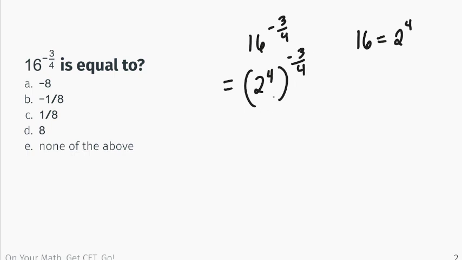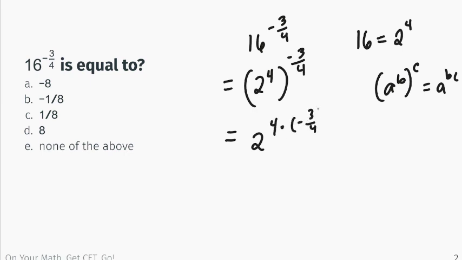Now we recall the laws of exponents that when you have a power raised to another power, it's just the product of the powers. So this just equals 2 raised to 4 times negative 3 over 4, and this is just equal to 2 raised to negative 3.